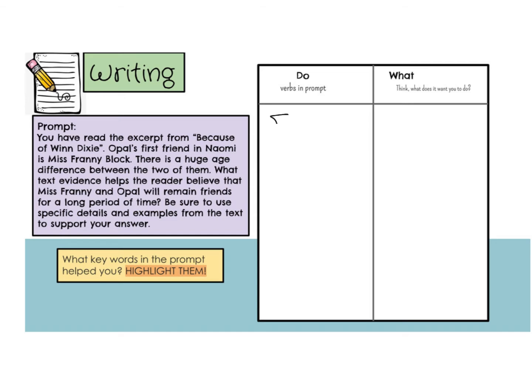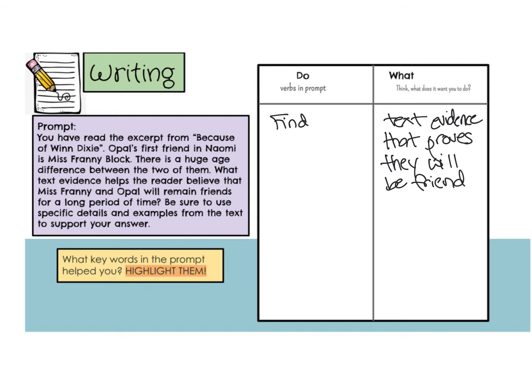So first, I'm asked to find text evidence that proves they will be friends a long time. My prompt also says, be sure to use specific details and examples from the text. So I'm going to brainstorm use specific details and examples.